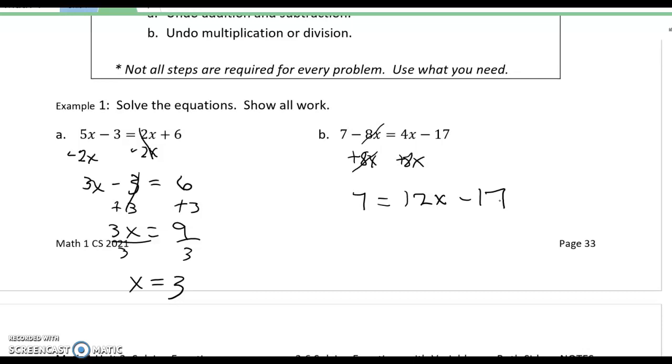Now we have the variable located only on one side of the equal sign. So now we try to isolate.